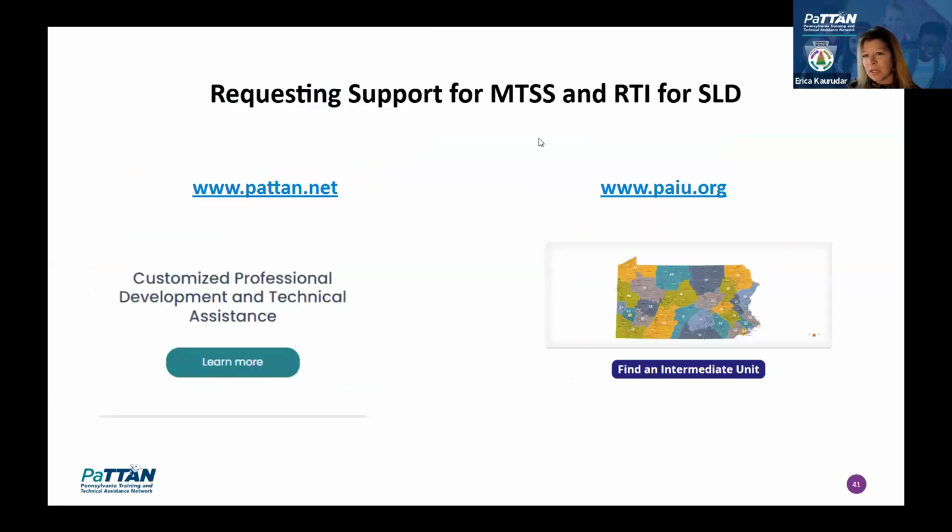There are opportunities to request support around multi-tiered systems of supports, as well as moving toward the use of response to intervention methodology to identify specific learning disability. You can go to the www.pattan.net site, and there, right on the landing page, you're able to find an opportunity to request customized professional development and technical assistance.